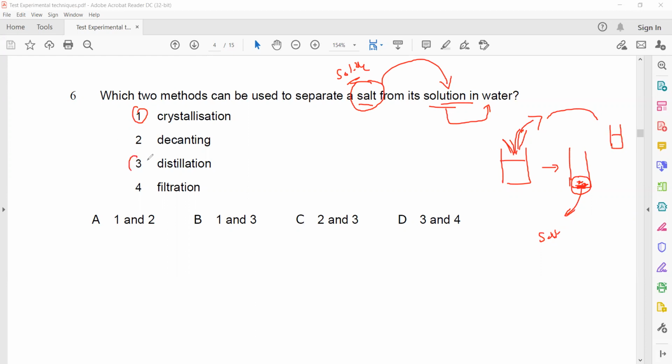So that's why 1 and 3 can be used to obtain the salt from the solution. So B will be the right answer. Why can't decanting and filtration be used? Because we are obtaining salt from solution. Decanting and filtration are used for insoluble solids, not for salt in a solution.